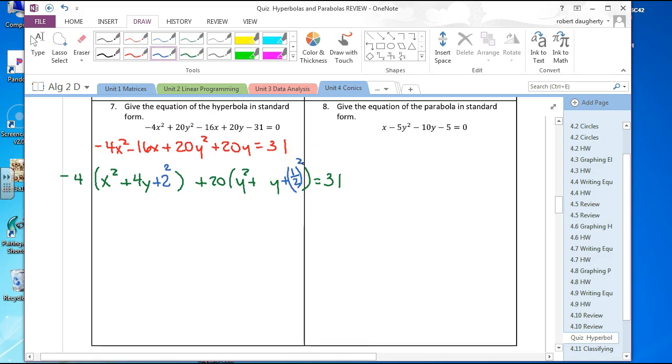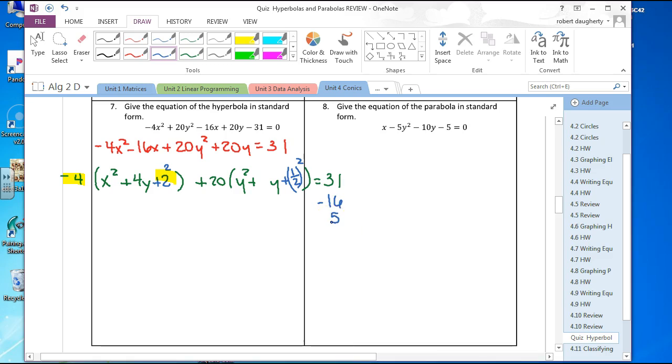So what did I really do? 2 squared is 4. 4 times negative 4 is negative 16. This is subtracting 16. Look at the next term. What is (1/2) squared? (1/2) squared is 1/4. What is 1/4 of 20? That is 5. If I'm adding 5 on the left, I must also add 5 on the right.